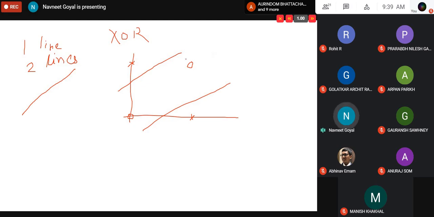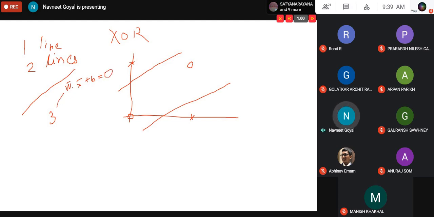Even if you look at it in terms of the parameters, one line would have how many parameters? 3, right? W1, W2, and B. 3 parameters: W dot X plus B equals 0 in 2-dimensional space, that is your line.